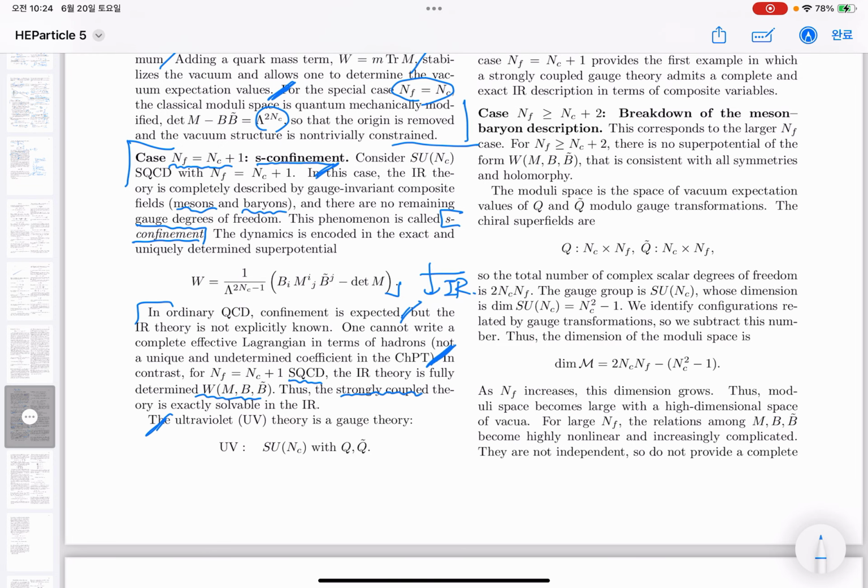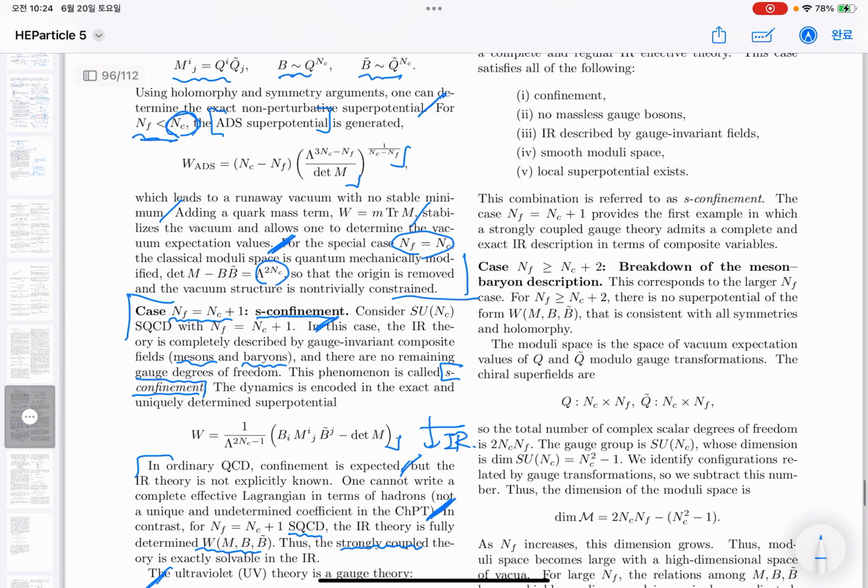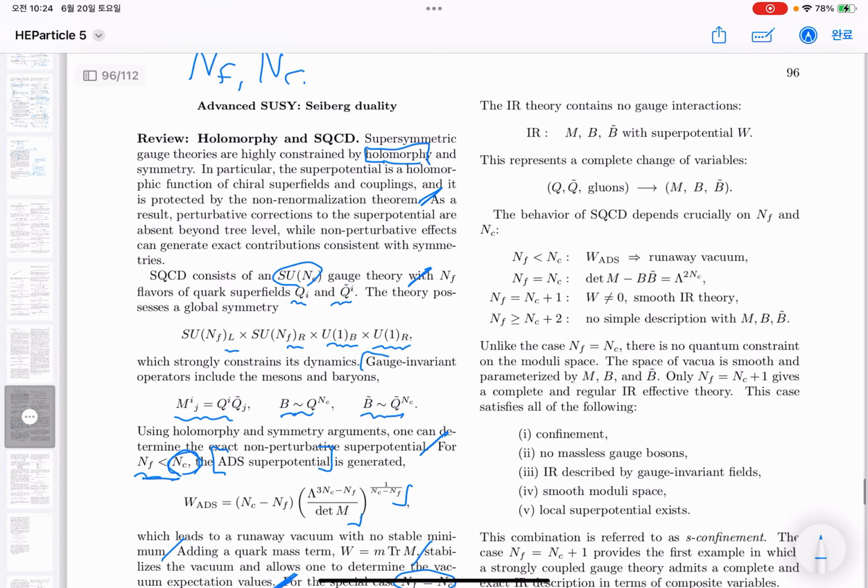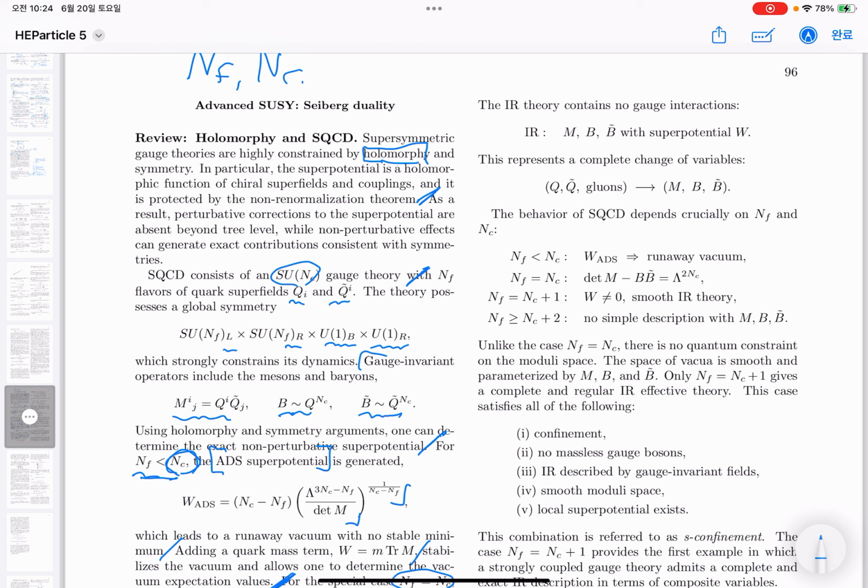In the UV, the theory is given by the gauge theory with the quark superfields. And now the IR theory contains no gauge interaction, but there are the meson, baryon, and antibaryon in the superpotential. So this represents the complete change of variables from the quark, antiquark superfields and the gluon to the meson, baryon, and antibaryon operators.